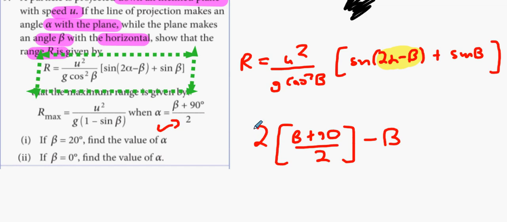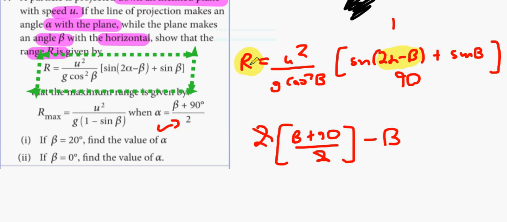What's the effect? It turns it into sine 90. What's the effect of sine 90? Sine 90 is the maximum value of sine you can have. And by maximizing this value here, you maximize the range.